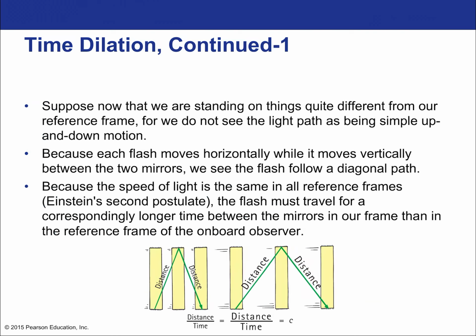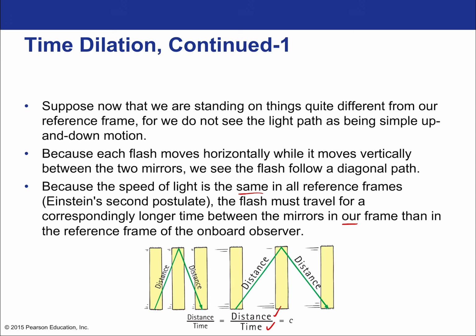Because the speed of light is the same, there's the postulate, okay? In all reference frames, the flash must travel for a correspondingly longer time between the mirrors in our Earth-based frame than in the reference frame of the onboard observer, okay? So in other words, since the distance got bigger, the time must have got bigger as well.